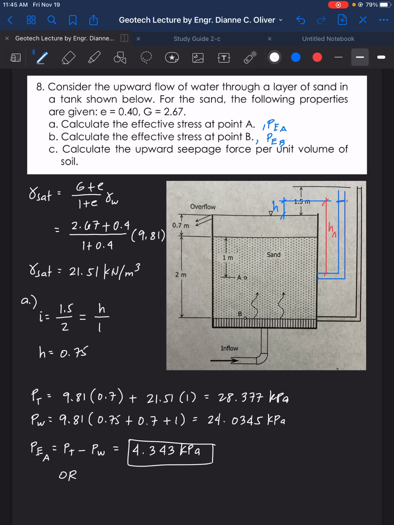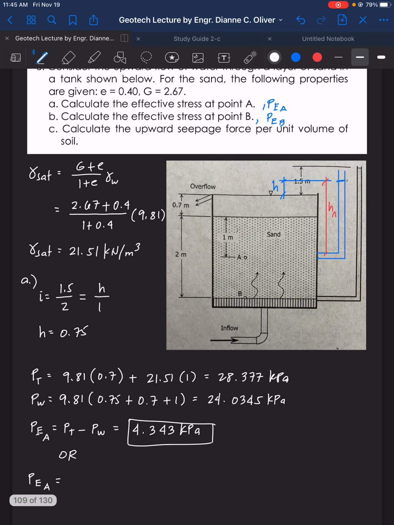Or we have the solution for P effective A, the shortcut, using the gamma buoyant or gamma effective. The soil first: 21.51, the gamma sat, minus 9.81, multiplied with the height of that soil, 1, minus the water, 9.81, and then the H of the water, that is 0.75, that is the head.